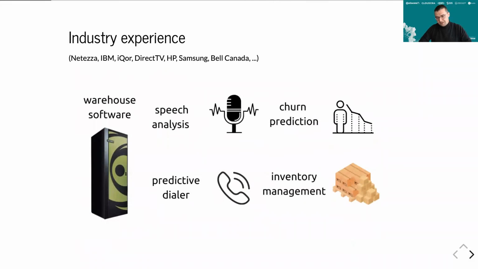I started my career as a software engineer, building software for warehouse appliances. Then I turned to a data scientist role, working on many different projects like speech analysis. I was building a system for keyword search in a set of recordings. I was involved in projects for churn prediction, predictive dialing, or inventory management, to name just a few.